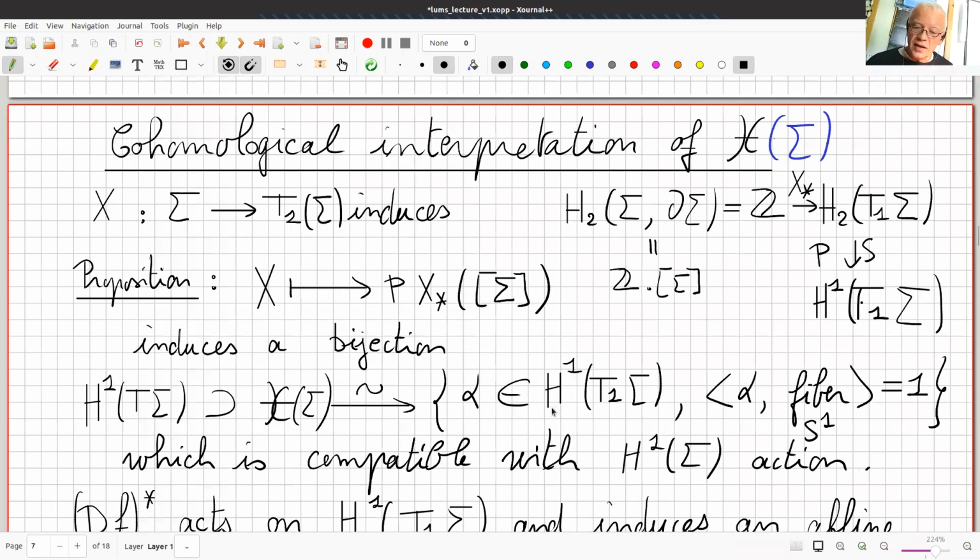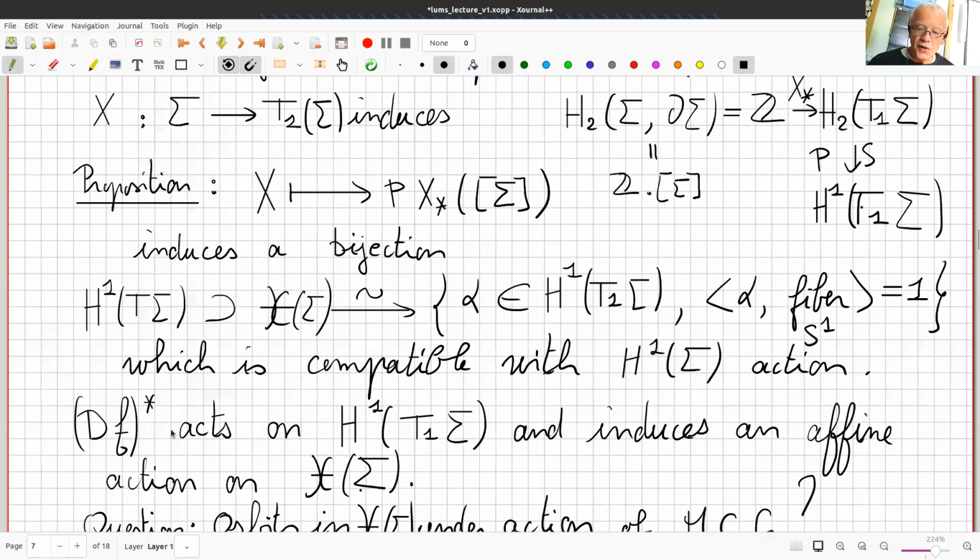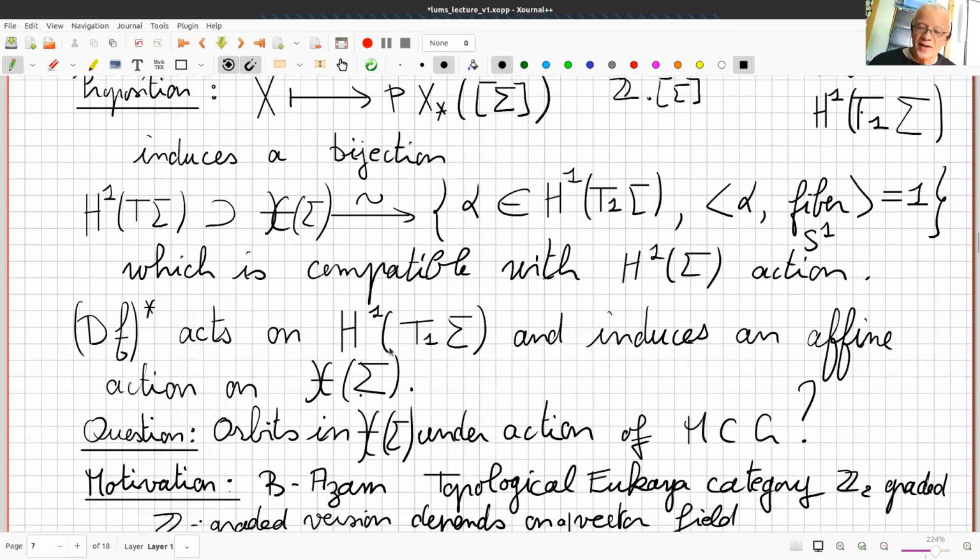And then you can act with the differential of f, if f is represented by a smooth map. So you have a differential, and the differential is acting contravariantly on the cohomology. And this action induces an action on the affine subspace of homotopy classes of vector fields.